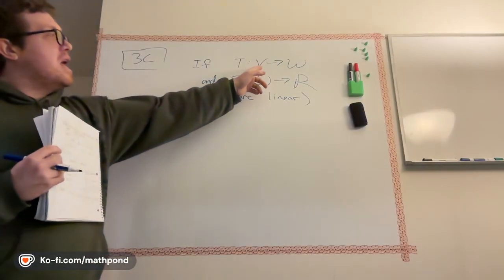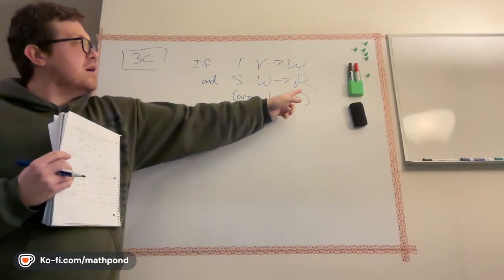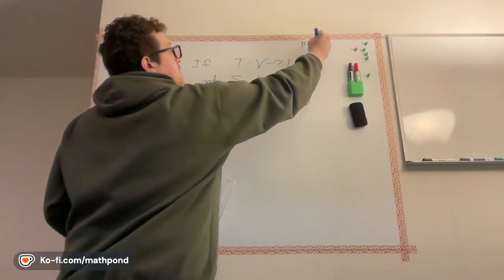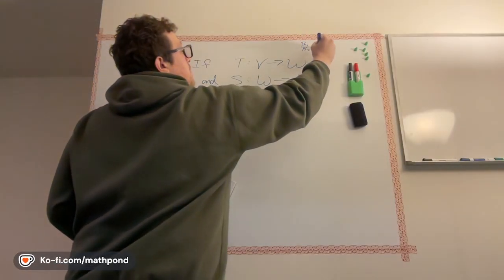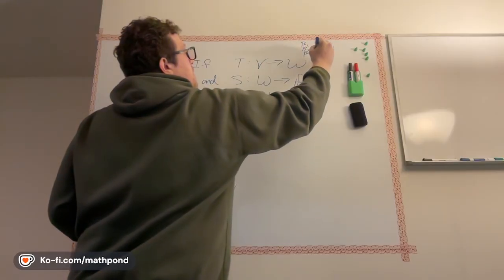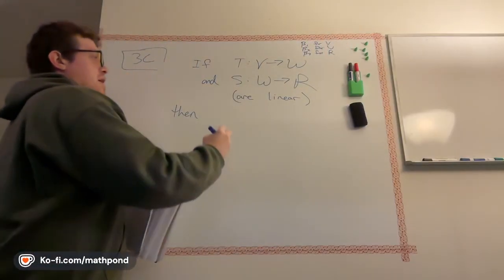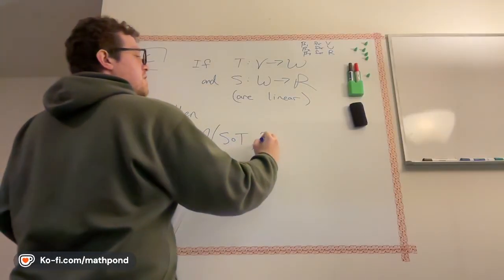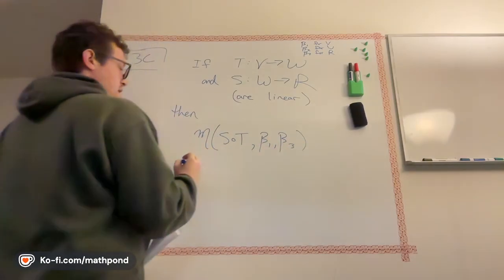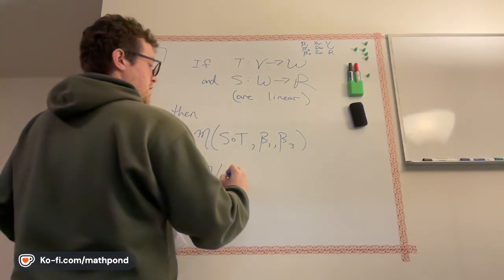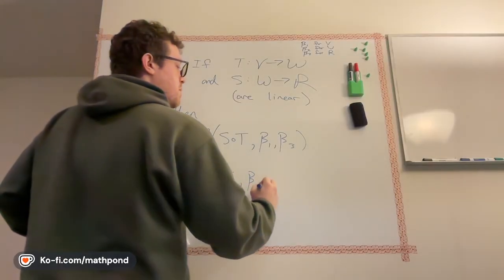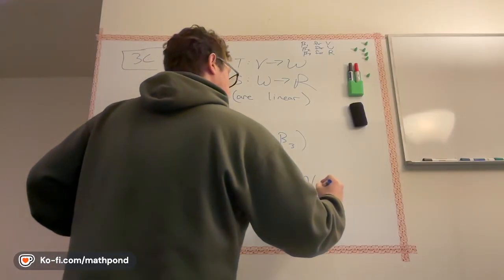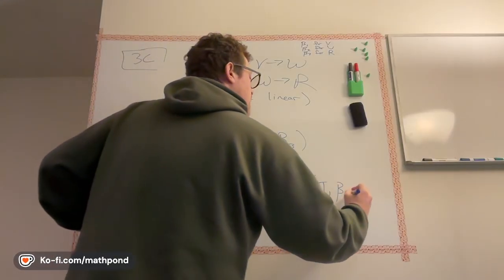So it says, if I pick a basis for V, W, and R, let's say beta 1 for V, beta 2 for W, and beta 3 for R, then the matrix of the composition, S composed with T, in the bases beta 1, beta 3, is the product of the two matrices: the matrix of S with respect to beta 2, beta 3, times the matrix for T with respect to beta 1, beta 2.